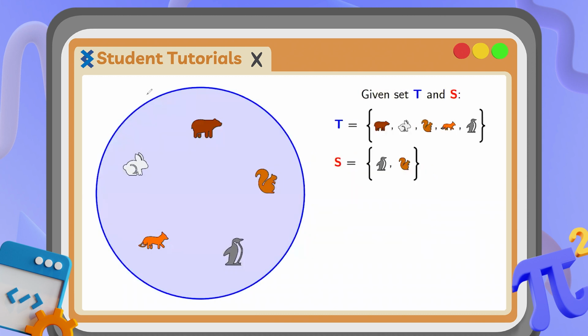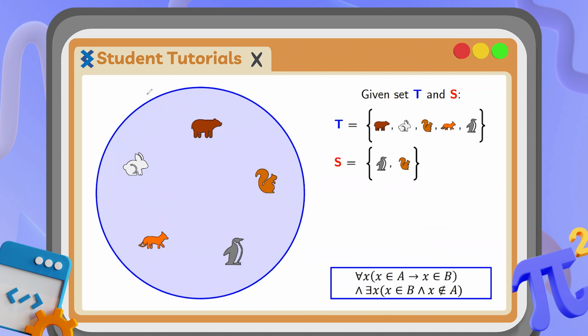So let's look at the same example from a while ago and show that S is also a proper subset of the set T. So here we replace the definition with our sets to make it easier to understand. We already solved that S is a subset of T from a while ago, so we don't need to worry too much about that.